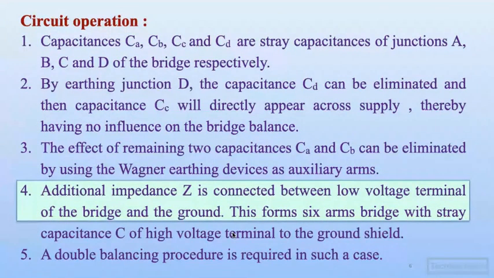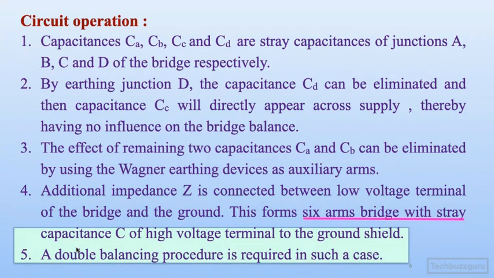Additional impedance Z is connected between the low voltage terminal of the bridge and the ground, right? And this forms the 6-arm bridge with respect to the stray capacitance of the high voltage terminal with respect to the ground shield. And a double balancing procedure is required.